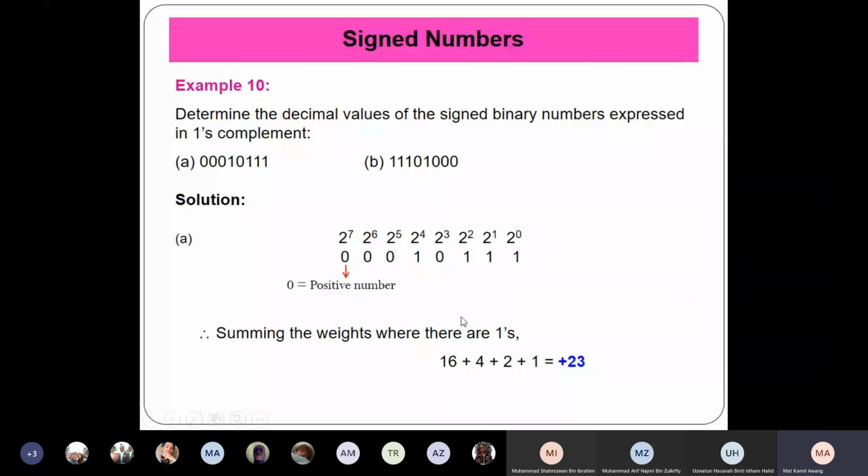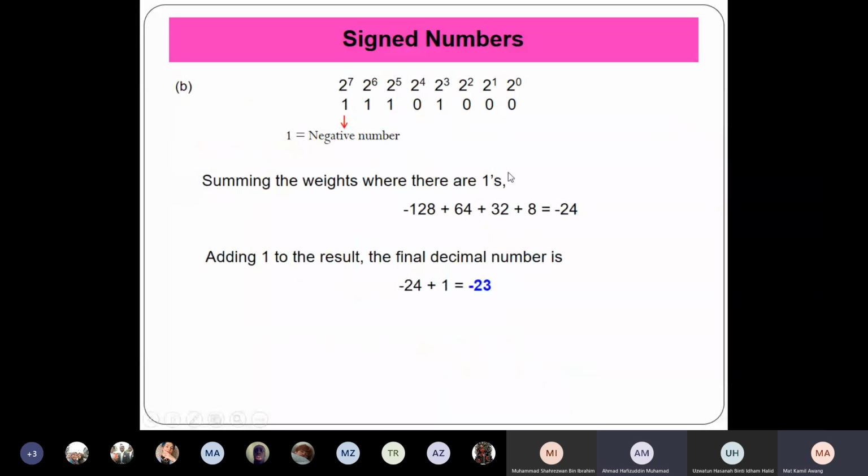The positive number is basically the sign and this is the magnitude, even though the question says signed binary number expressed in one's complement. What about this one? The first complement. This one, because the sign is 1, it's a negative number. So this is actually in one's complement.